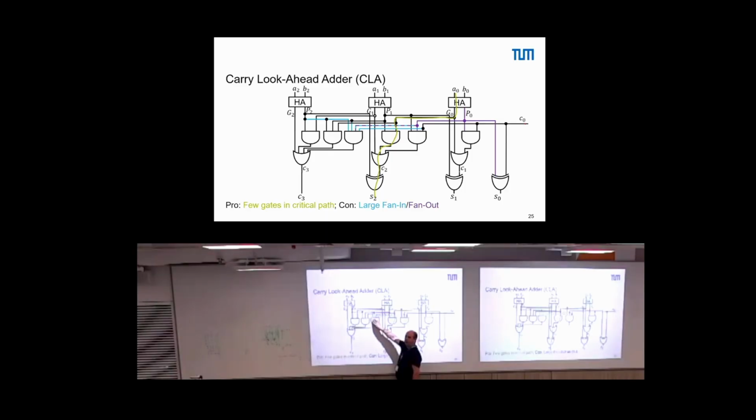So how many wires control this gate. Fan out is, I take a wire or a gate and ask how many other gates do I drive. Fan in is, how many inputs do I have? Fan out is, how many outputs do I have?